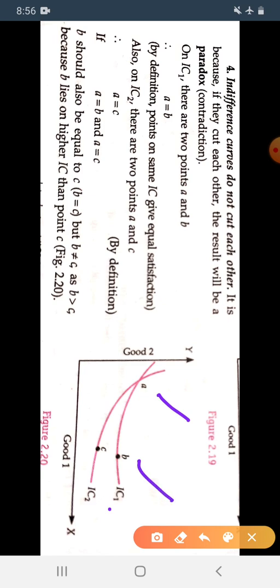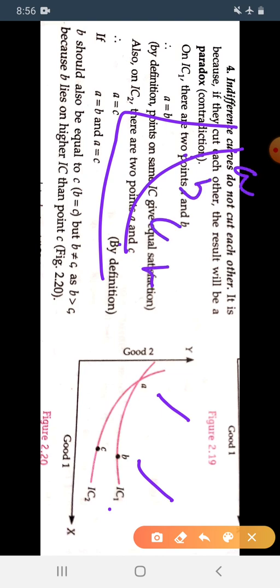Listen, one more important thing. On the IC curve, the points given, point A, point B, point C, point D, all give the same satisfaction to the consumer, because the consumer is indifferent among all these bundles of goods, as they all give equal satisfaction.